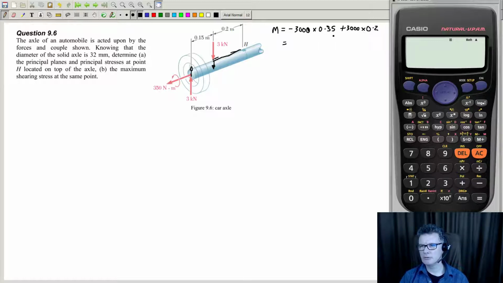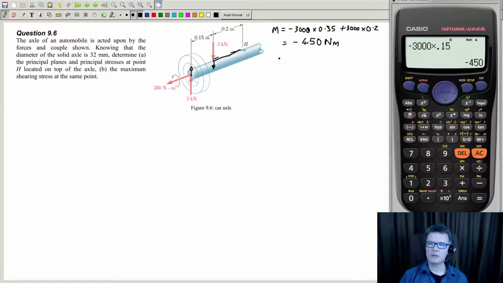So you can factor that, can't you? So overall you've got minus 3000 times by what? 0.15. So that'd be minus 450 Newton meters.